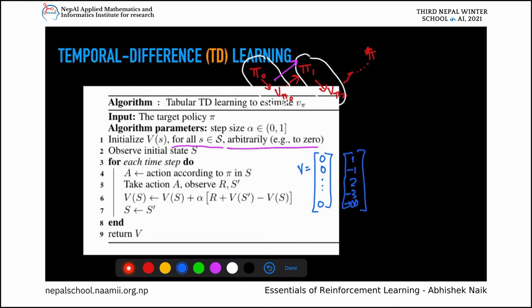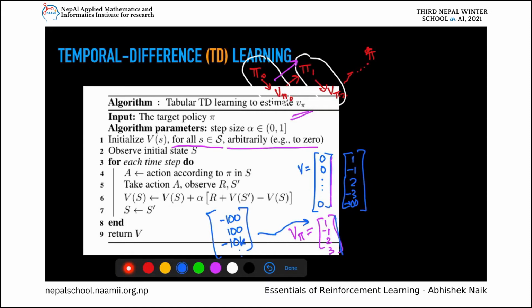It would only affect how quickly we learn what is the v pi for that particular policy. Let's say the true value function v pi was 1, minus 1, 2, 3, right? And we initialized everything to 0. As you can see, the estimates don't have to move too far. But had I initialized things to minus 100, plus 100, minus 10,000, and so on, these values would have to move very far to reach these true values, right?